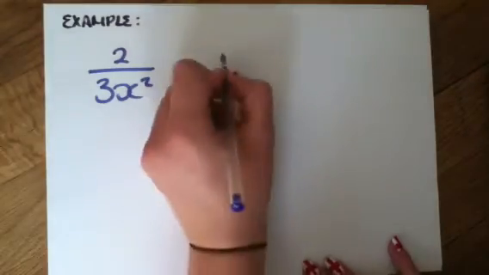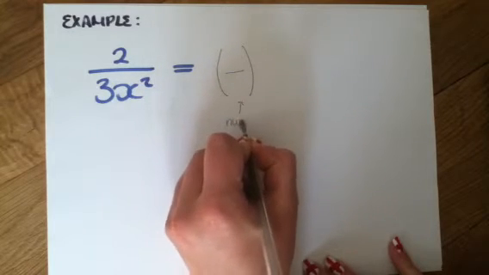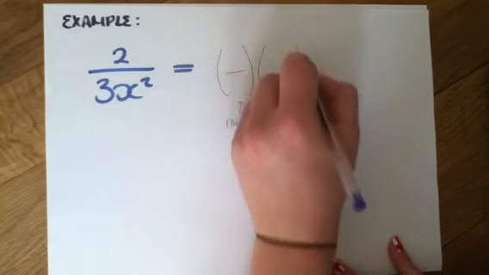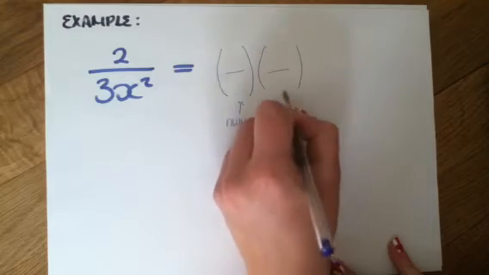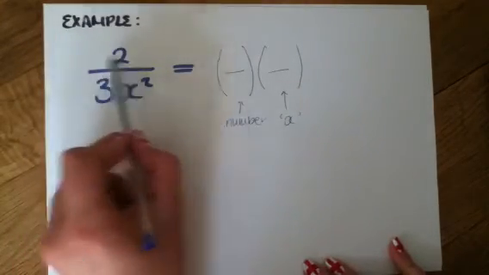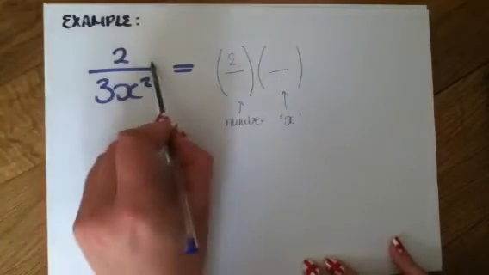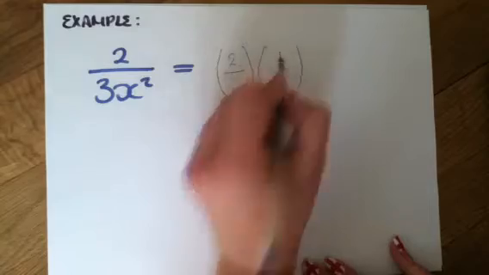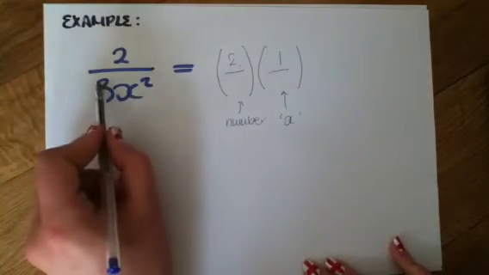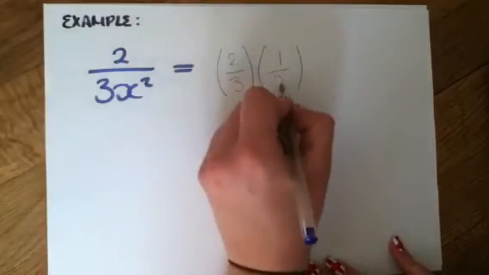Using the sliding method, don't forget this is for our numbers, this is for x, we can separate out the numbers. So we look at the top and we see that there's a 2 there, so the 2 can go on here. And there are no x's on the numerator, so we just pop a 1 there. On the bottom, there's a 3, go on our numbers, and there's an x squared.